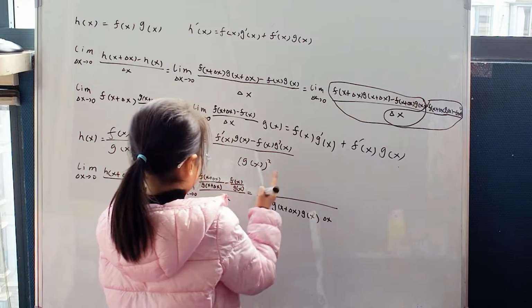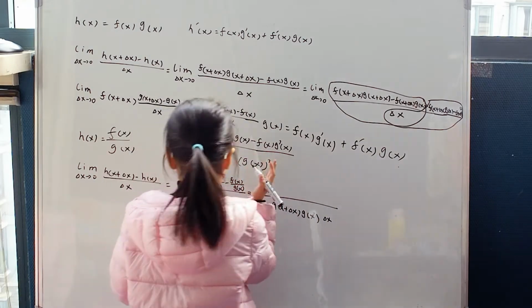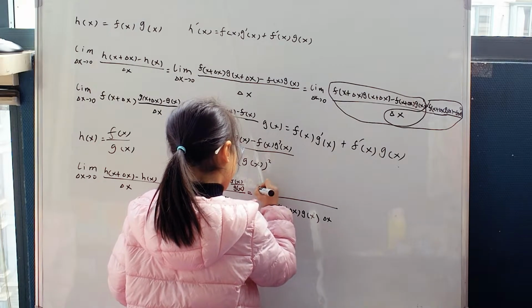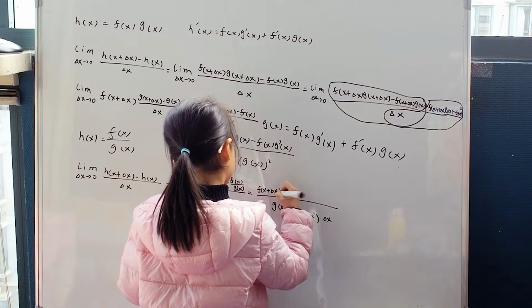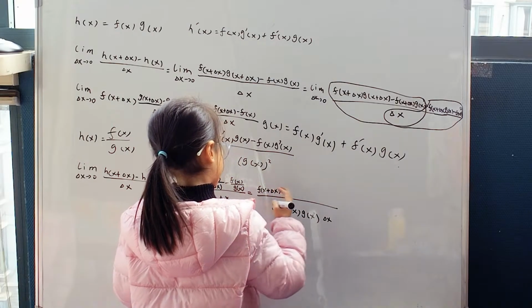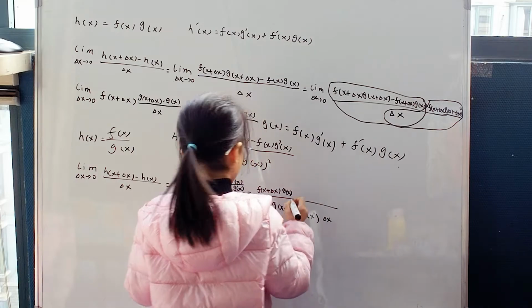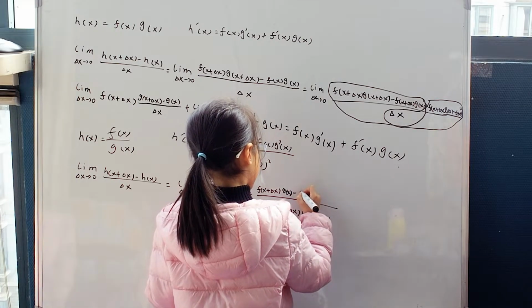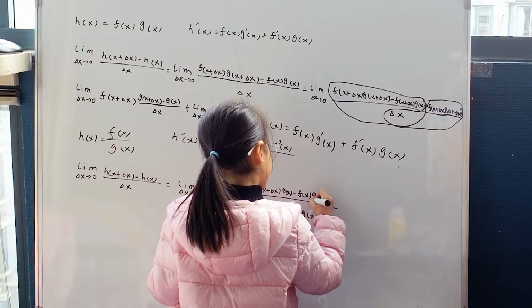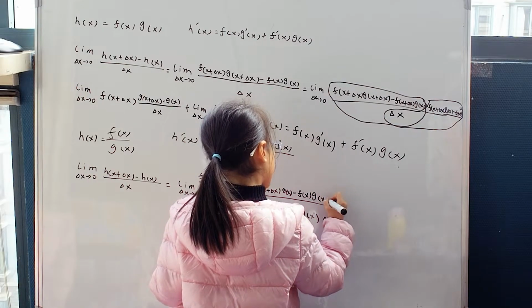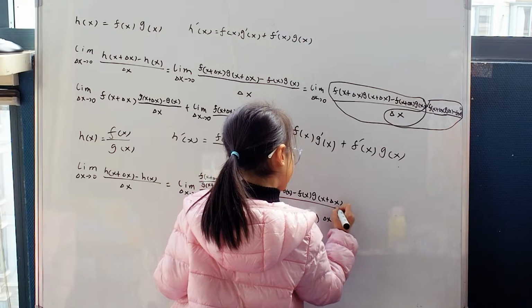And what's the numerator? It's f(x plus delta x) times g(x), minus f(x) times g(x plus delta x).